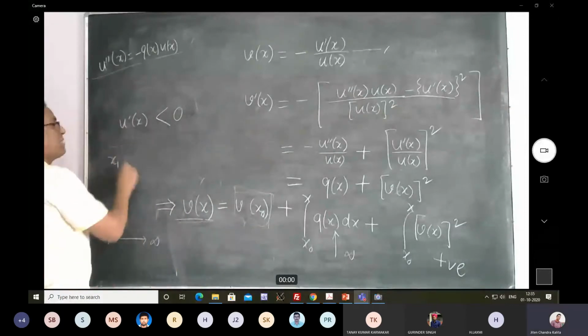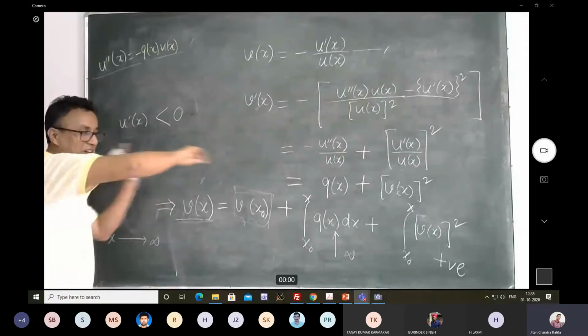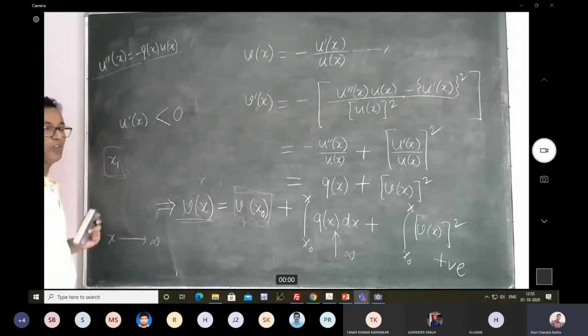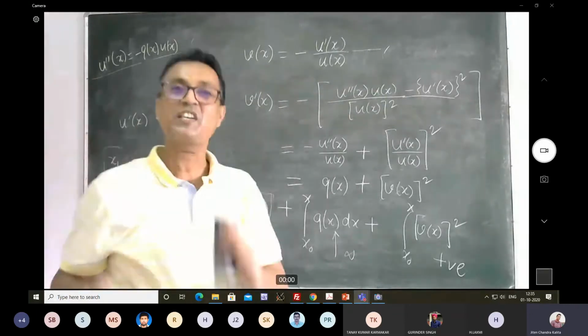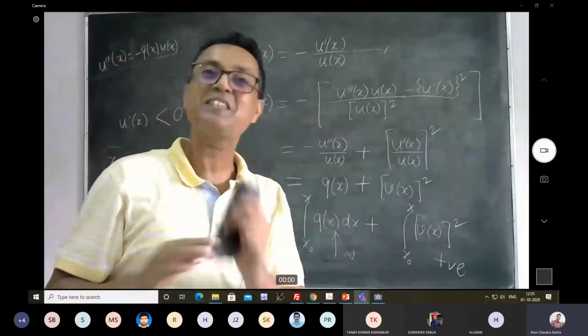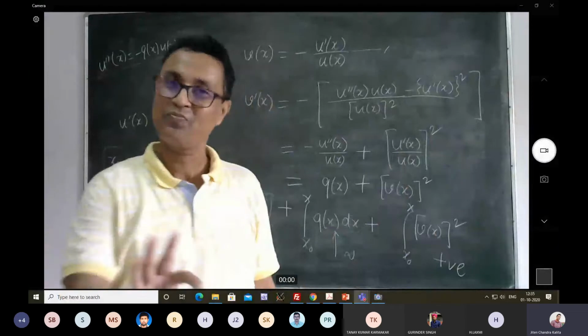Again apply whatever we have done for x0: whatever role x0 played, now do the same for x1. That is going to create another zero. In this way, we'll be able to produce an infinite number of zeros of the function u(x).